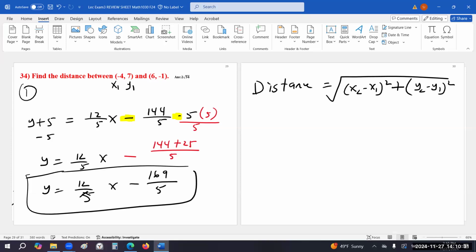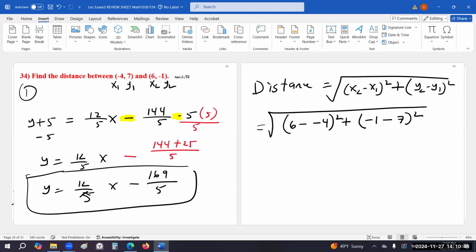So x1, y1, x2, y2. 6 minus negative 4, double negative, plus negative 1 minus 7 squared.